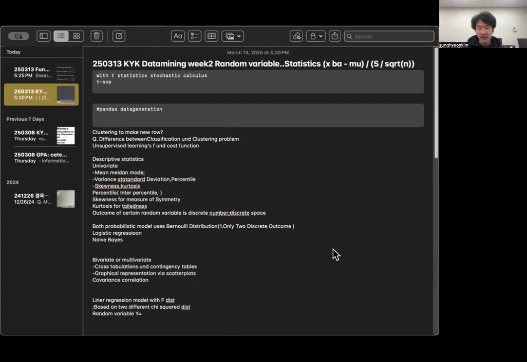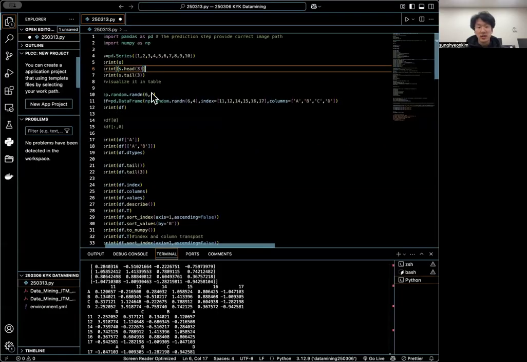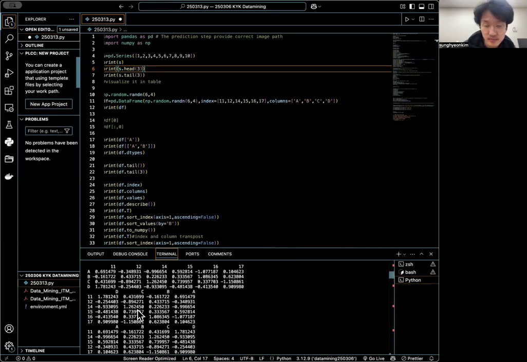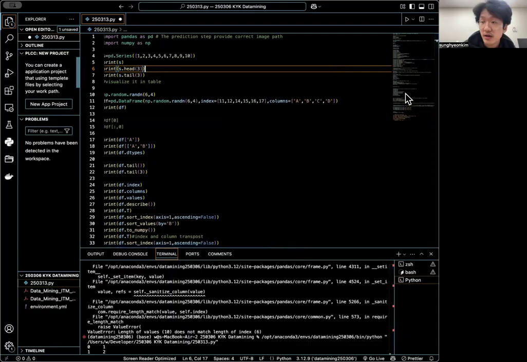And I will move to pandas. So I will show you how we can generate the data. Okay. Basically, I will run it again.